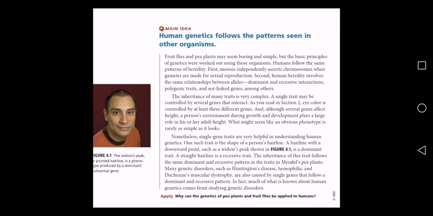Got the point? It's a big influencing point, studying this to predict the next generation. طيب.